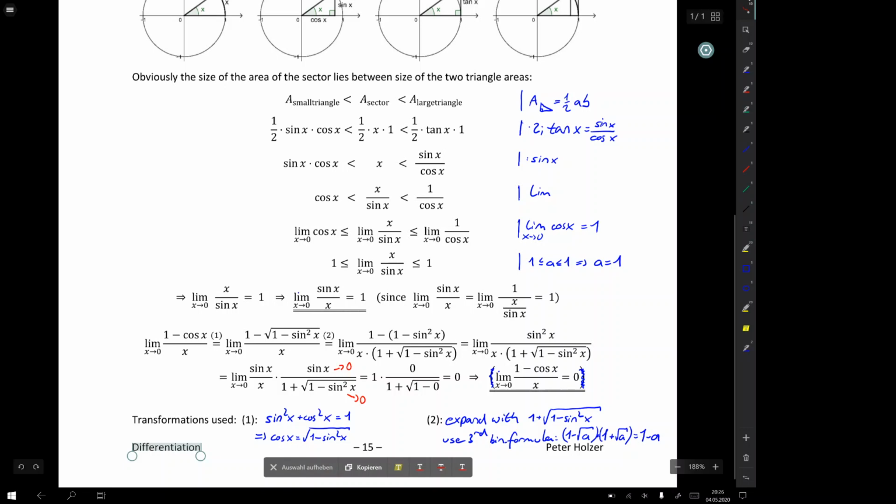The limit here is 1. So we get 1 times 0 divided by this here, and so in total we get 0. So we found the limit of 1 minus cosine of x divided by x is 0 for x going to 0.